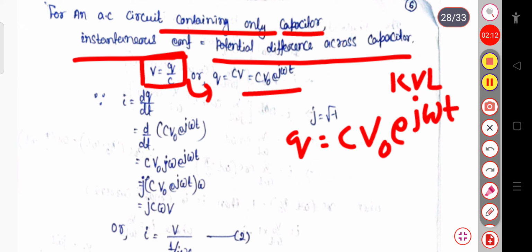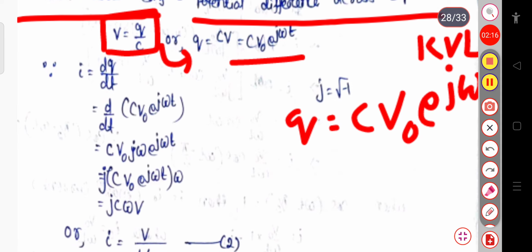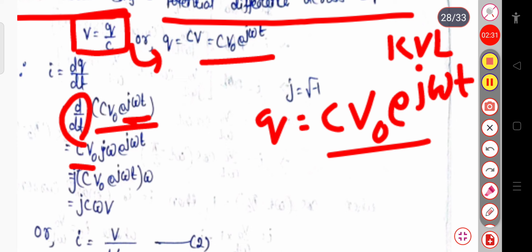Now the current equals dq by dt, and if I put the value of Q, this will be d by dt of C V naught exponential j omega t. This will be C V naught times the derivative with respect to t of exponential j omega t, which is j omega into exponential j omega t.